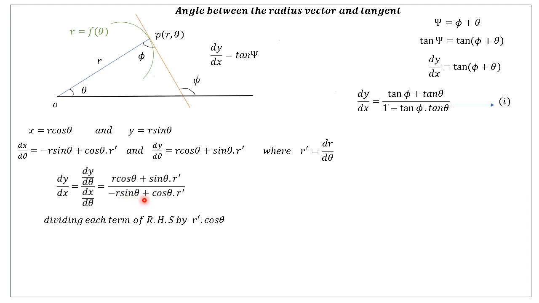Dividing each term of the right-hand side by r dash cos theta, we get dy by dx is equal to r by r dash plus tan theta, divided by 1 minus r by r dash into tan theta. Call this equation number 2.